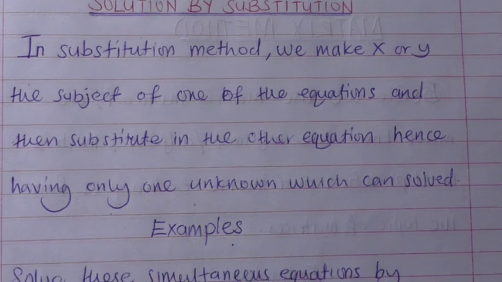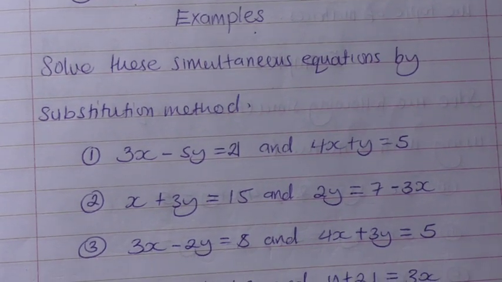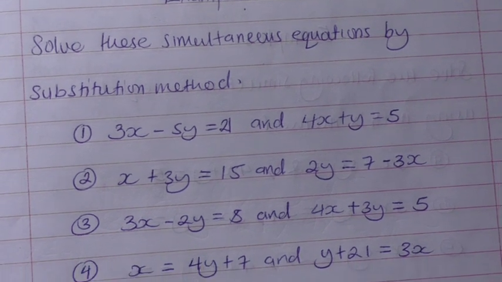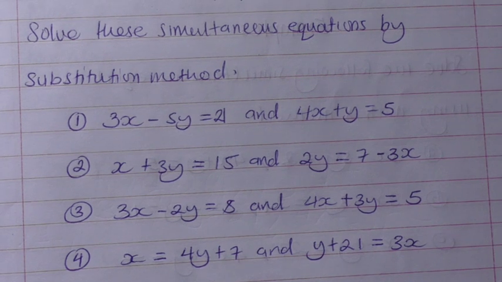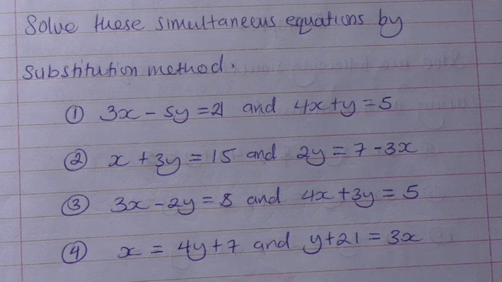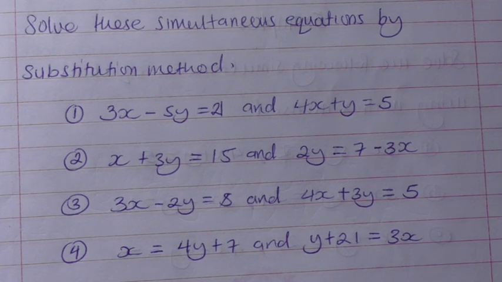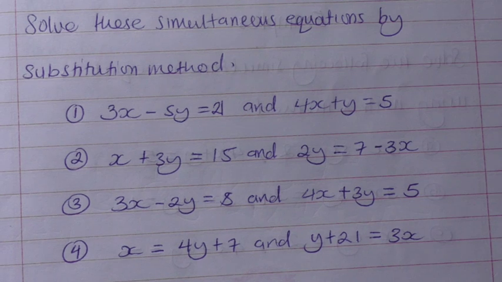Let us try out one of the examples, then the rest will be yours for trying out. The example says, solve these simultaneous equations by substitution method. And we have four numbers. Out of the four numbers, I'm trying out the first one, and the three will be yours to try out. Let me try number one.